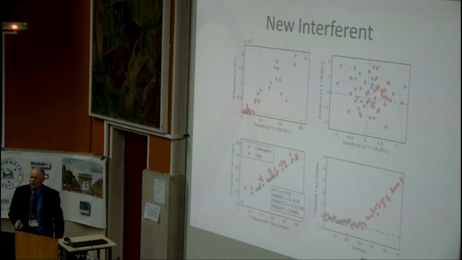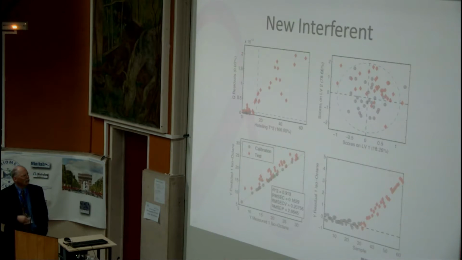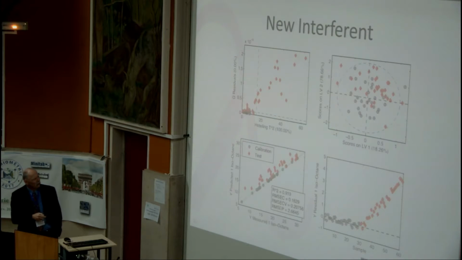On the other hand, if you get a new interferent in your system, it tends to look like this, and that is often higher t-squared values, but especially higher Q residual values of the new data. Scores plots, for some of them, might look fairly normal. Usually you'd see that maybe down in lower scores.